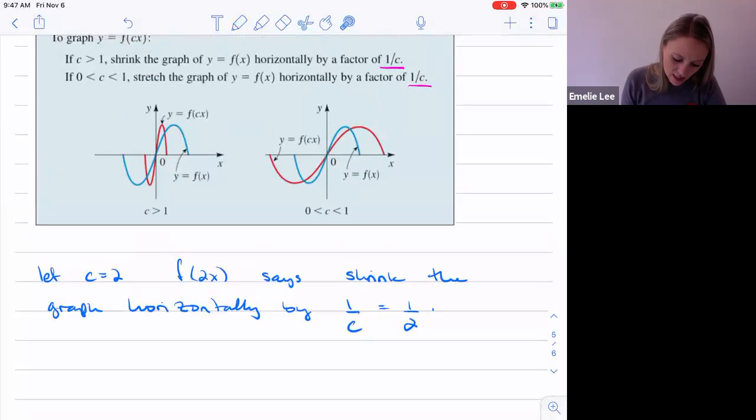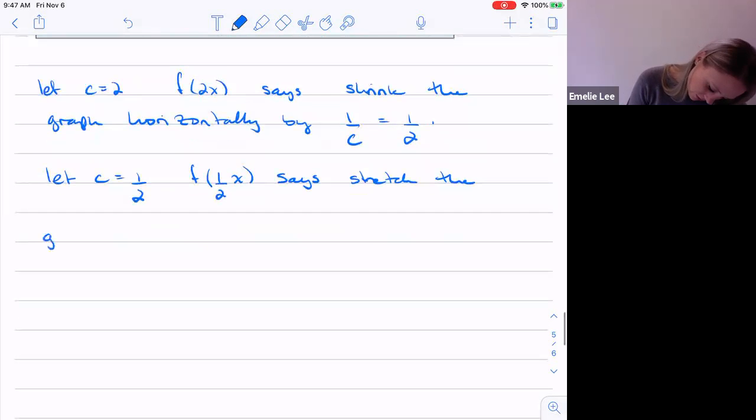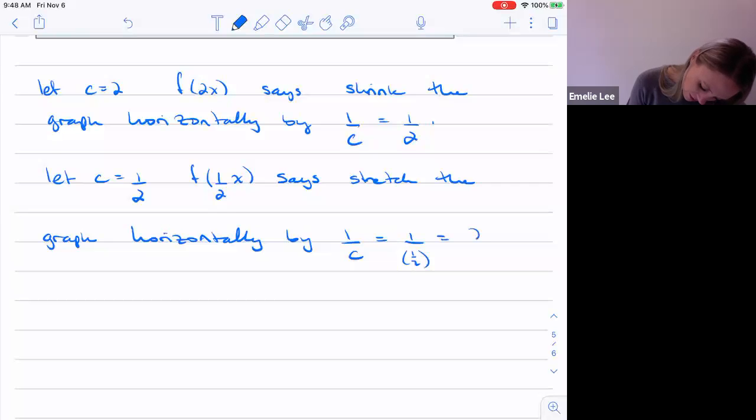Whereas if c is between 0 and 1, so let's say c is 1/2, then f of 1/2 x says stretch the graph horizontally by 1 over c, which is 1 over 1/2, which is 2.